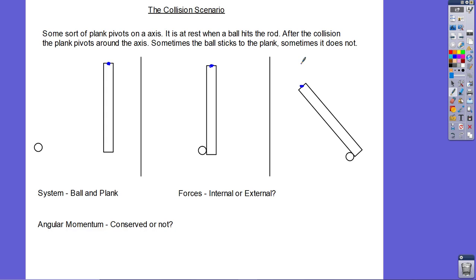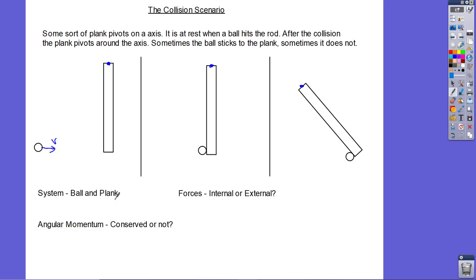So when we look at this, the ball is moving with velocity v, and then here it collides with the plank and sticks to it, and then we have rotation. So let's say that the system is the ball and the plank.